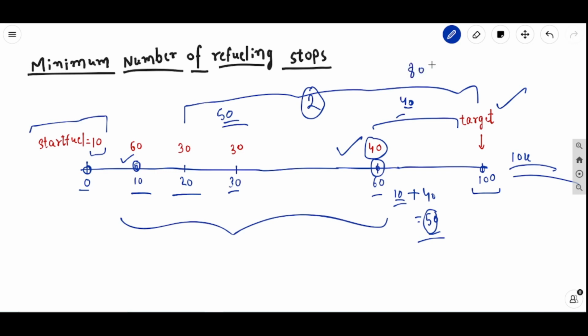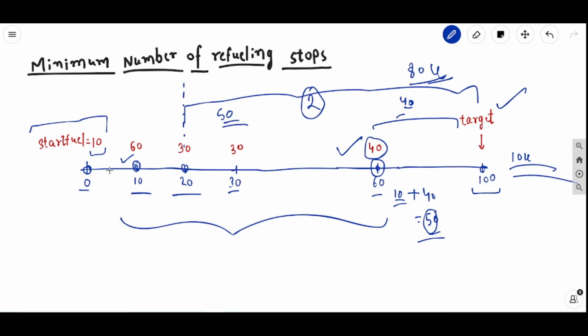That means I can simply reach the target location without stopping at the intermediate gas stations present at position number 30 and position number 60. All we had to do is stop at location number 10 and refill the tank, then stop at location number 20 and refill the tank, having a net gas capacity of 80 units at this point.